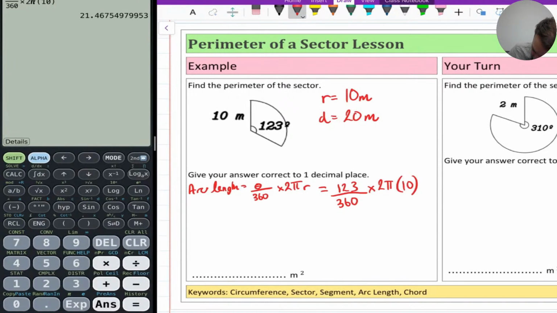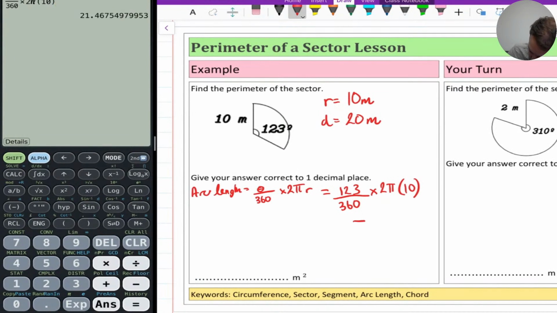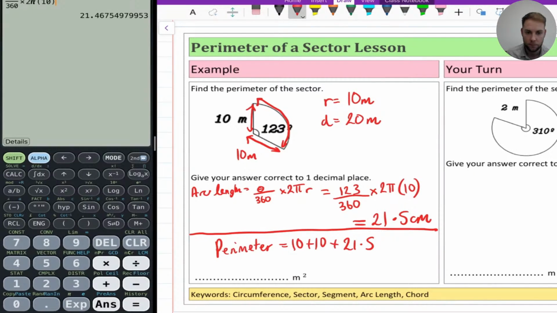So my arc length here is equal to 21.5 centimeters. Which means the perimeter is equal to 10 plus 10 plus 21.5, which is equal to 41.5.